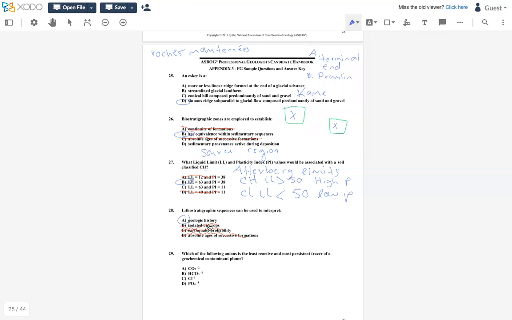They're correlated based on, are they unconformable? Are they laterally continuous? So things like that. That can help you dissect the history of specific sequences. And so pretty confident about that one.